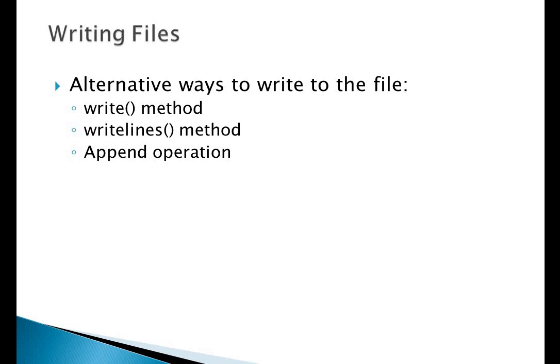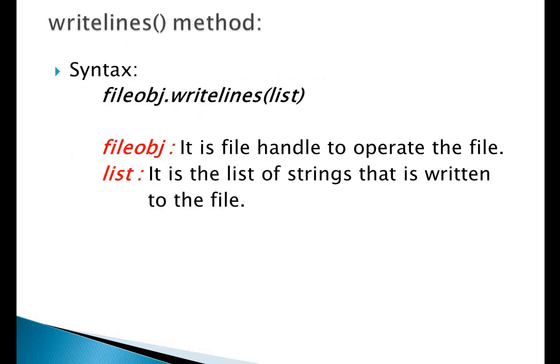Examples: print, input, len, these are the functions. If you observe them, these functions are called without using any object, while a method is called using an object. Now this writelines method, the syntax is shown here.